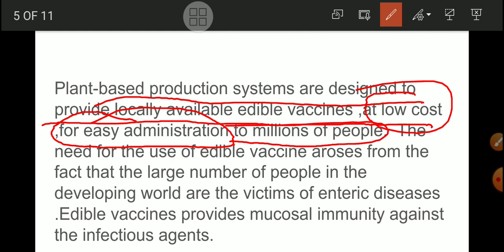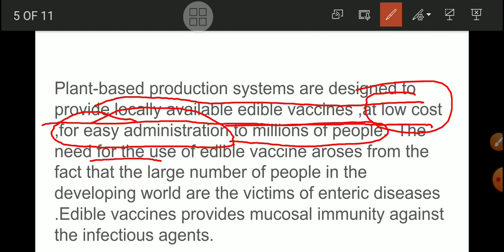But actually there are great problems, great disturbances. In future we can avoid those disturbances by making plants for plant-based production of vaccines.